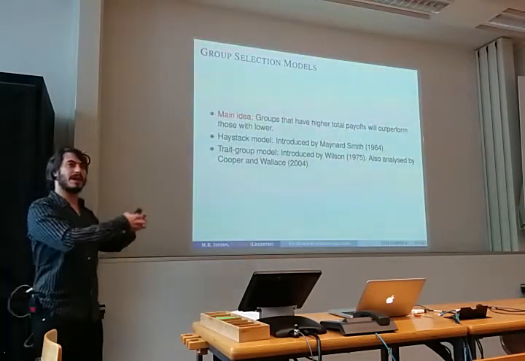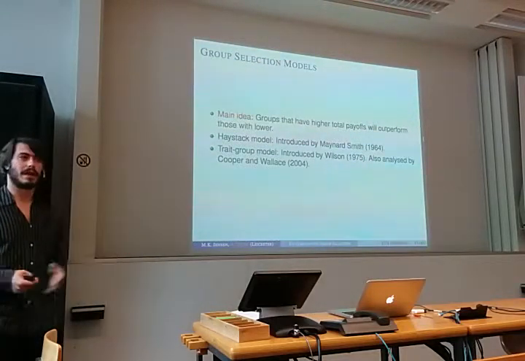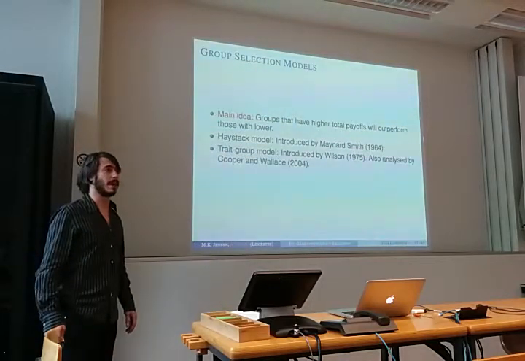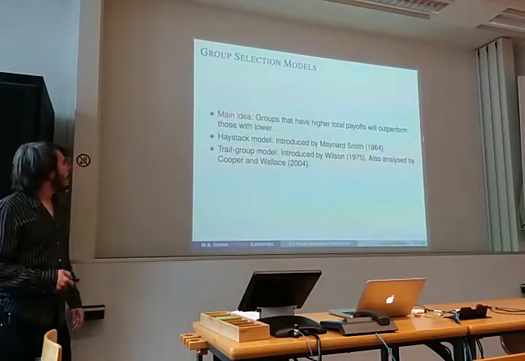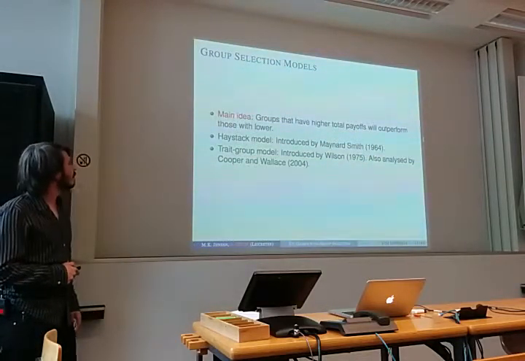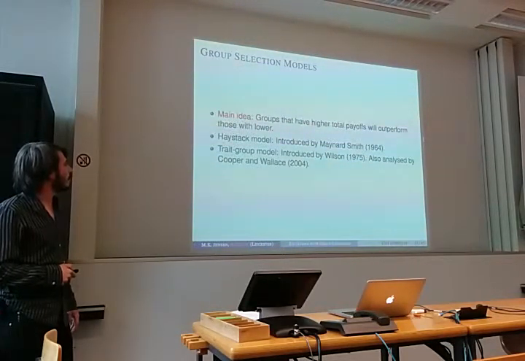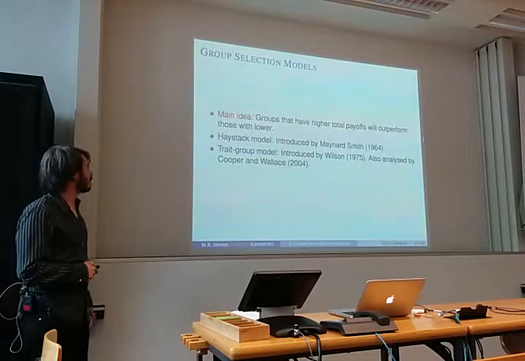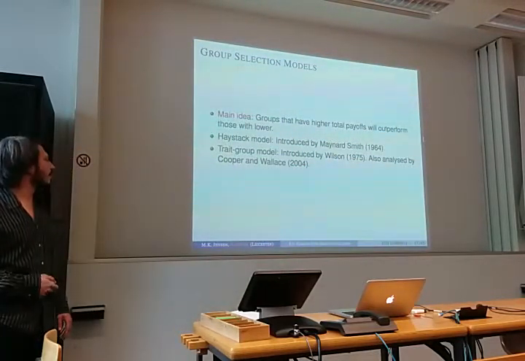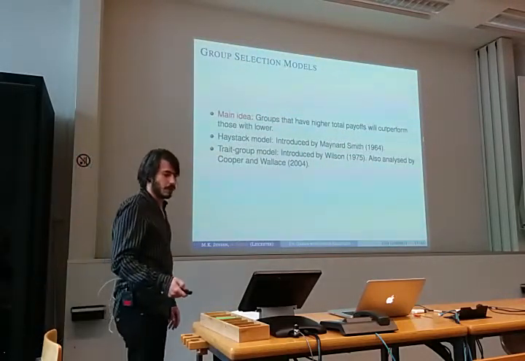So groups that fare better can replicate faster, and that can give cooperative behavior chances to survive. This has been studied. The first formal model is by Maynard Smith, also studied by Wilson, and analyzed in a more economic sense by Cooper and Wallace.